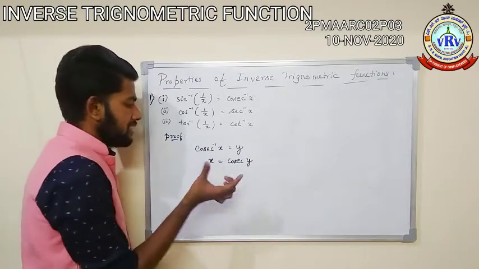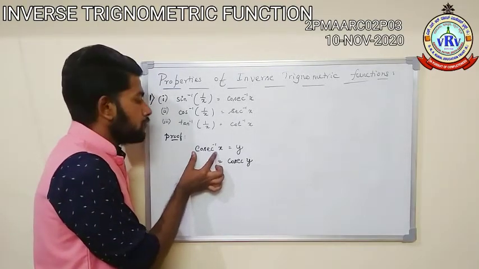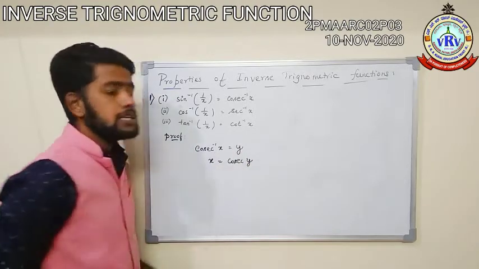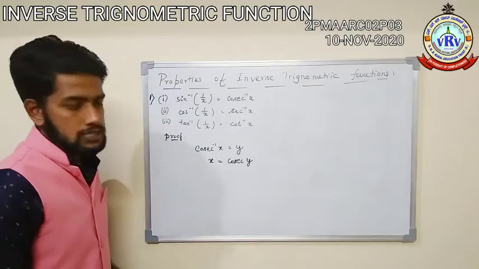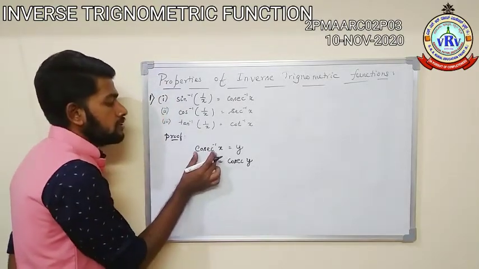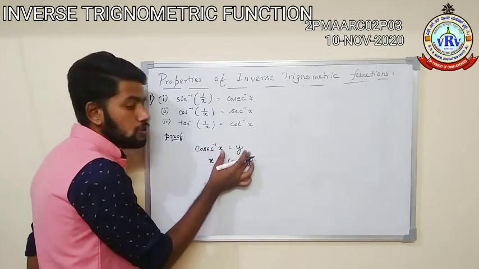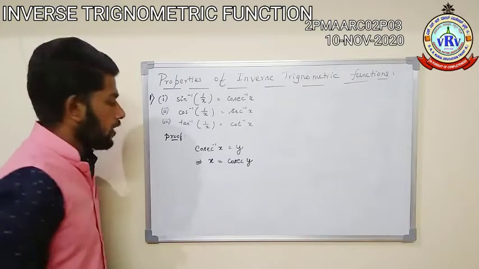Or else, in general, you can say that cosecant inverse function, if we shift to the other side, it becomes the cosecant function. Here, cosecant inverse x is equal to y, which implies x is equal to cosecant y.